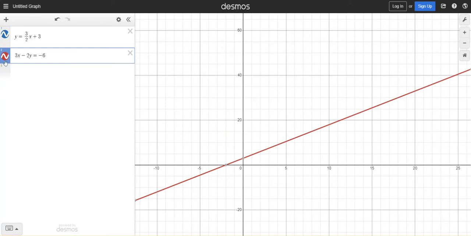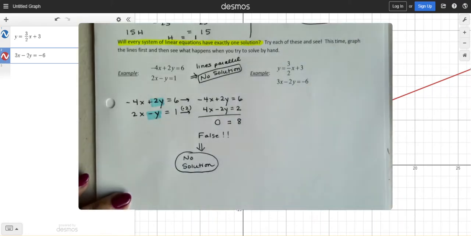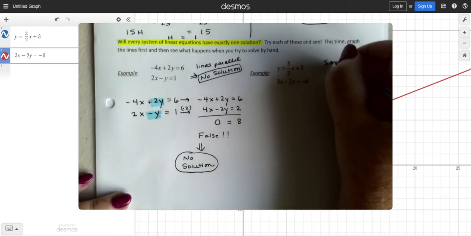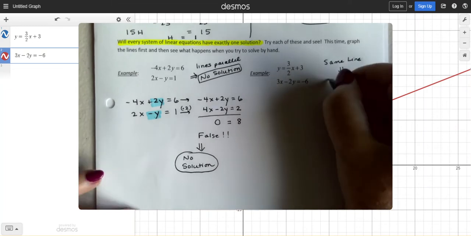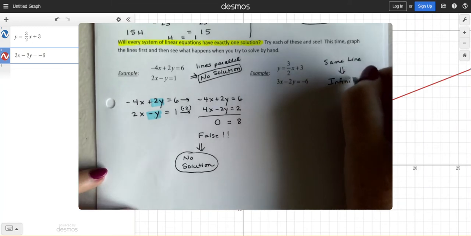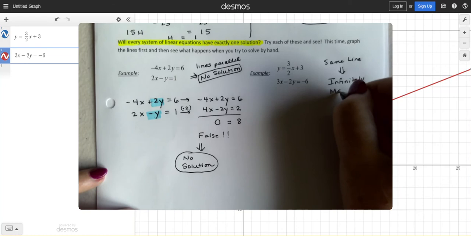Did you see what happened there? The blue line was the first one, and the red line graphed right on top of it. These are actually the same line. So technically there are infinitely many points of intersection because they intersect everywhere. So same line, there's actually infinitely many solutions.